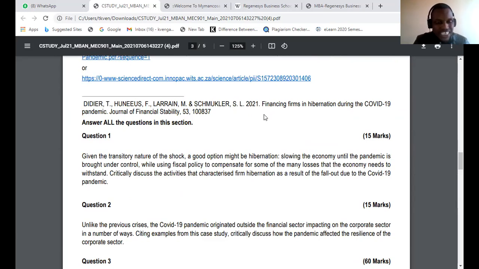Okay. Question number 1 says, given the transitory nature of the shock, a good option might be hibernation. That is slowing the economy until the pandemic is brought under control, while using fiscal policy to compensate for some of the many losses that the economy needs to withstand.